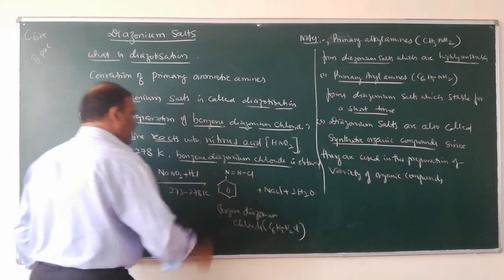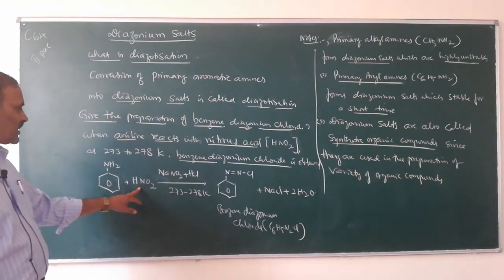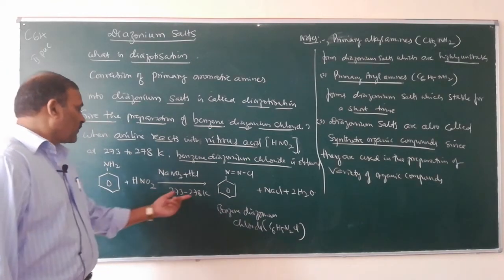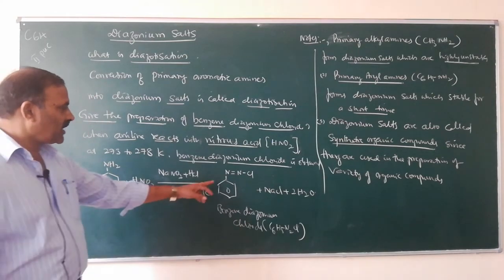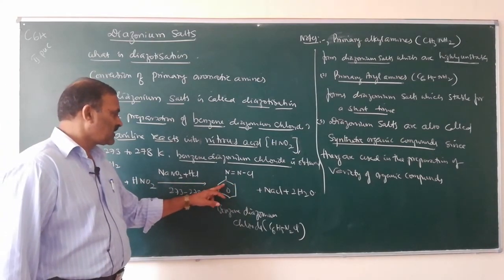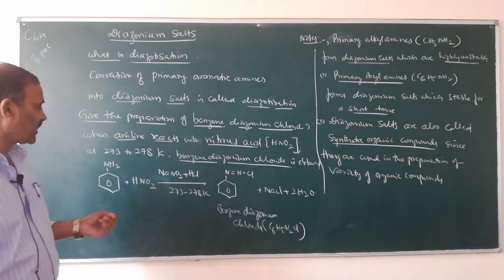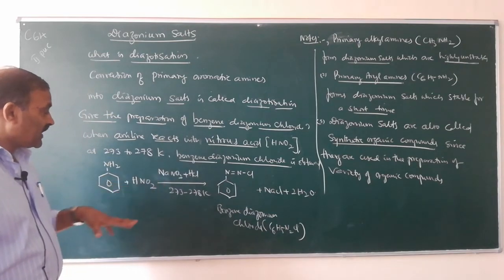C6H5N2Cl. When aniline reacts with nitrous acid at 0 to 5 degrees centigrade or 273 to 278 Kelvin, we will get benzene diazonium chloride, C6H5N2Cl. So nitrous acid is prepared as and when it is required.